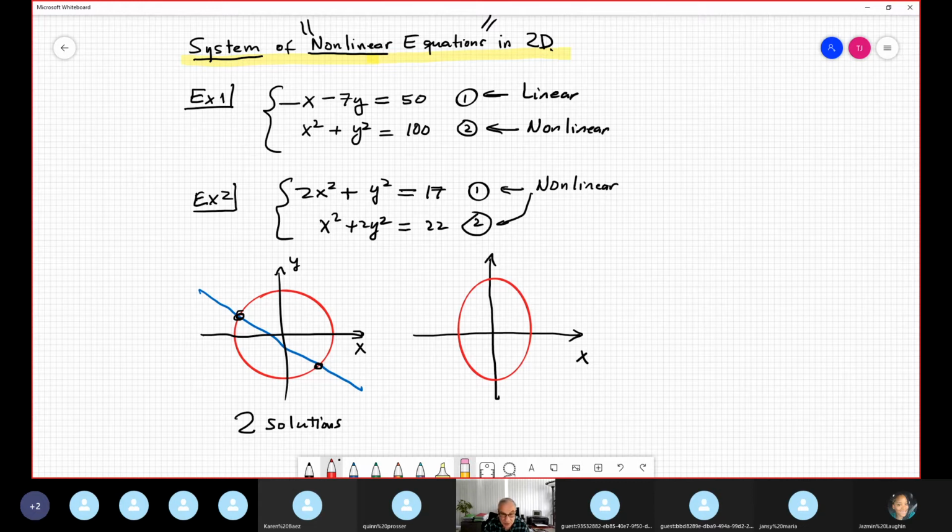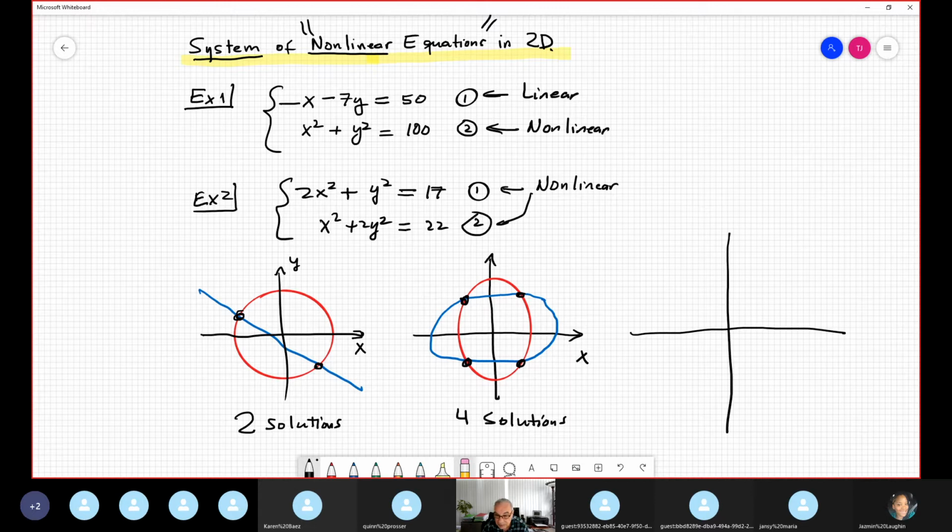I promise that in the last chapter we studied the conic sections in detail, and we studied the ellipse in detail. And suppose that the second equation represents another ellipse, but like that. Well, how many solutions do we have? Remember, the solution of the system is the common point, the intersection. We have 4 solutions.